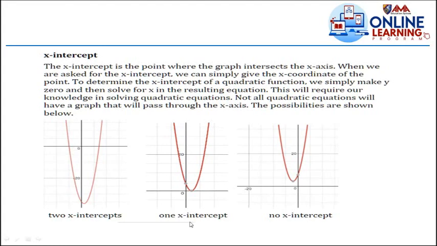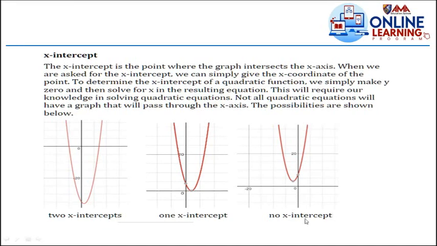Okay? Dito, we have only one x-intercept. Okay? If this is your x and y coordinates, ito yung x-axis natin. So, there's only one x-intercept. Dito sa kabila, no x-intercept.